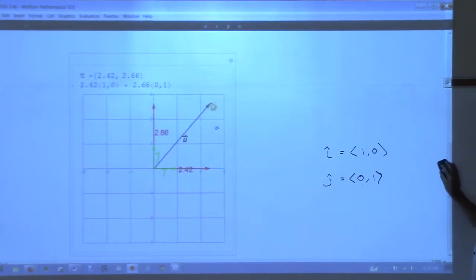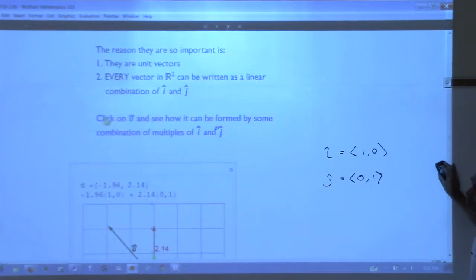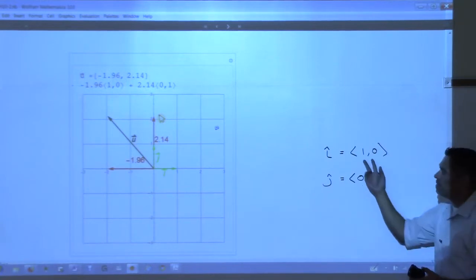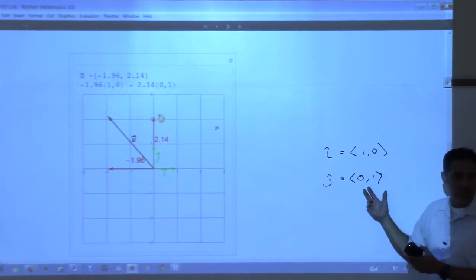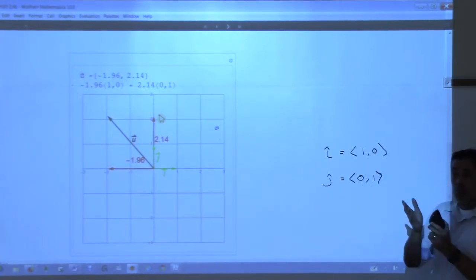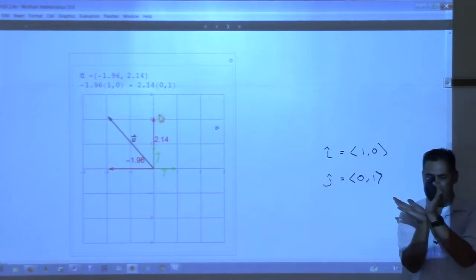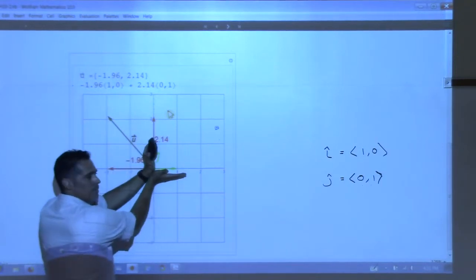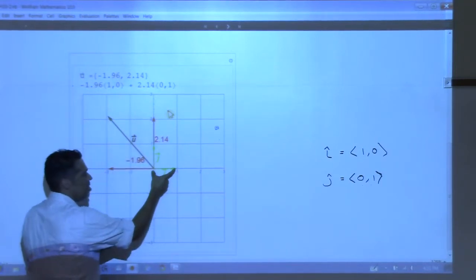Anyone taken linear algebra? Okay, so basically we're saying that these two vectors span the space R2. So they're basis vectors. But they're even more important because not only do these two vectors form a basis for R2, they're what we call an orthonormal basis, which means that these two vectors are orthogonal to one another, and they each have a unit length.